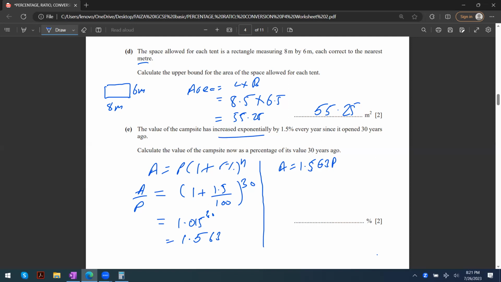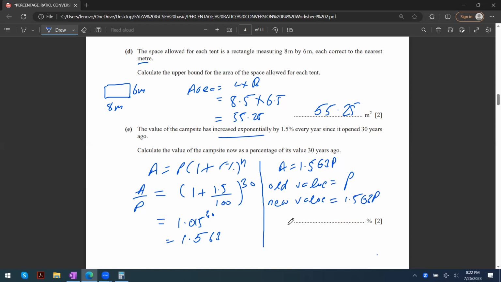From here, the old value is P, the new value today is 1.563P.